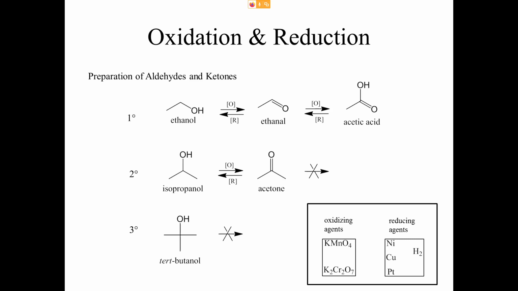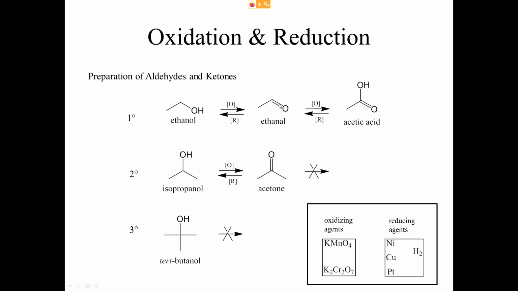And if you recall, a very simple way to remember this was if you go from one molecule to another, we call it an oxidation if there are more bonds between the carbon and the oxygen, or fewer bonds between that carbon and hydrogens, or both. So in this case, we're seeing that this carbon has one bond to oxygen in this primary alcohol, and then over here in the aldehyde we have two bonds to oxygen.